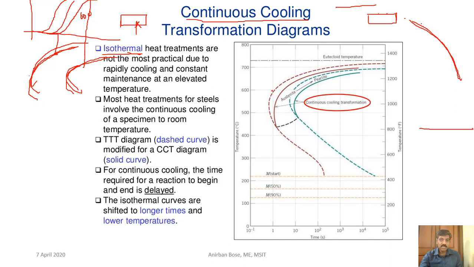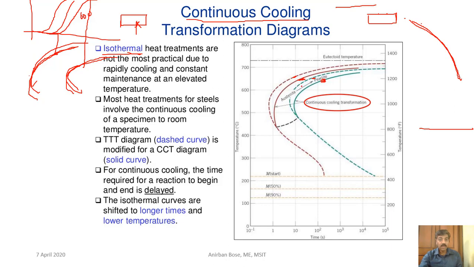Okay, so you can see that continuous lines are here, starting line, and this is the finishing line, and isothermal lines, this is the starting, and this one is the finishing.